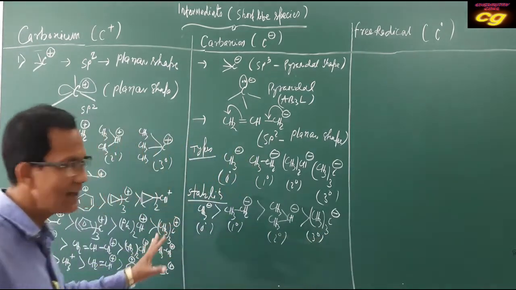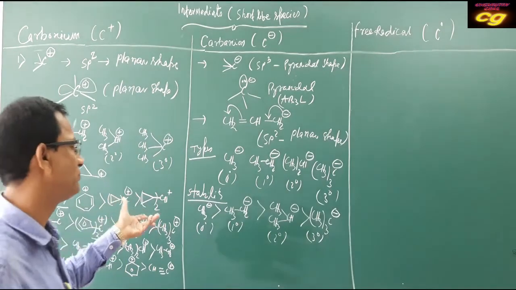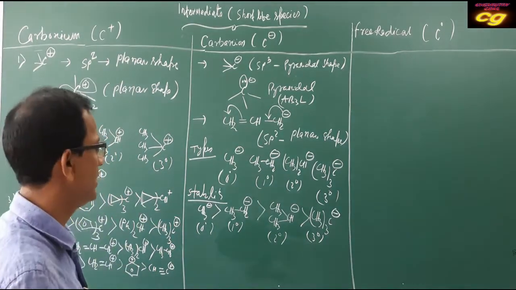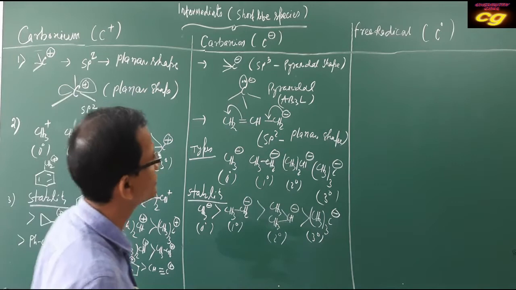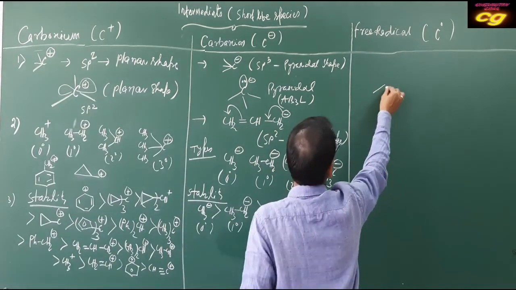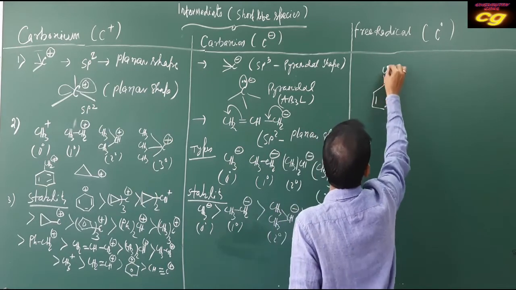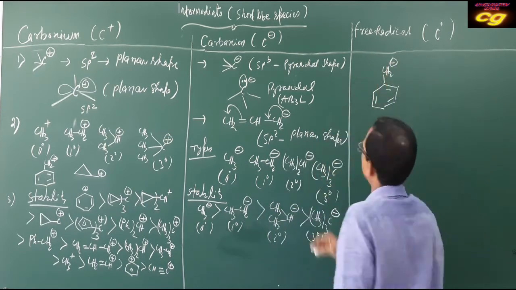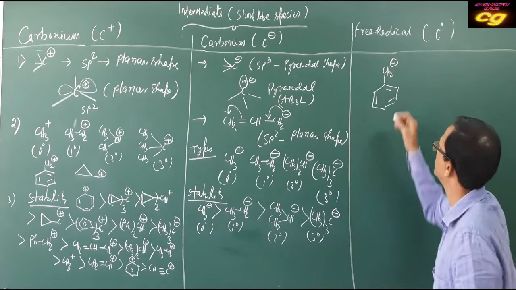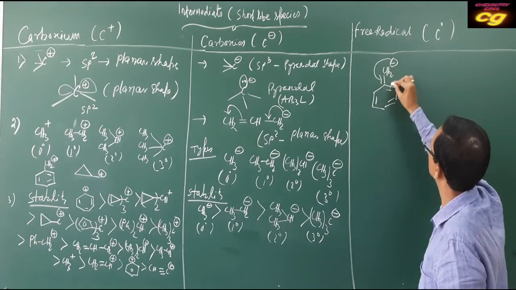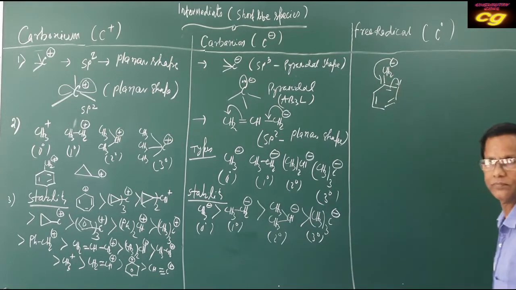But when you take any aromatic system, the stability is also more. For example, if you take one aromatic carbanion, suppose let it be benzyl carbanion, it is also stabilized by resonance. So stability is more.